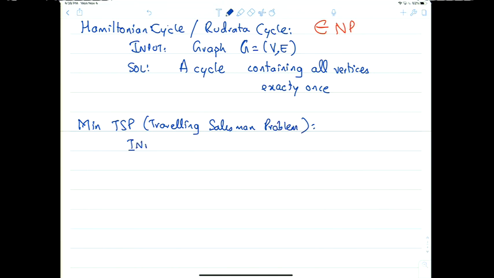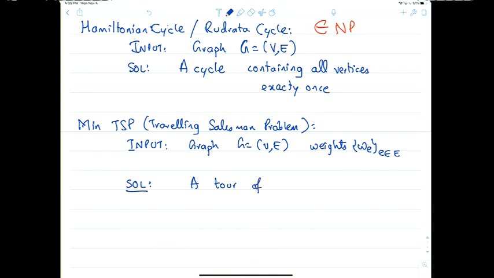Well, the input is a graph, and this graph has edge weights. This is like minimum spanning tree, except you want a tour of minimum cost.